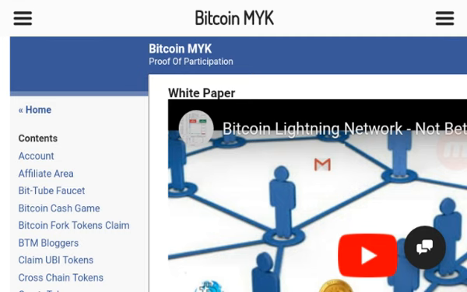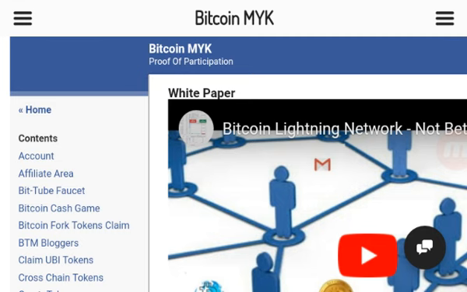However, I think it's important to note that there are several factors that secure our situation. Think about it from the standpoint of if you're moving Bitcoin from your wallet to our network, you're only moving the representative value, which means you proved you own the wallet and now we've issued the Bitcoin MYK tokens, much like in a Bitcoin fork.